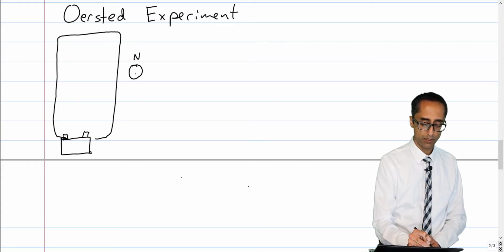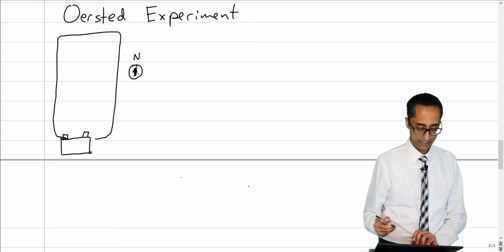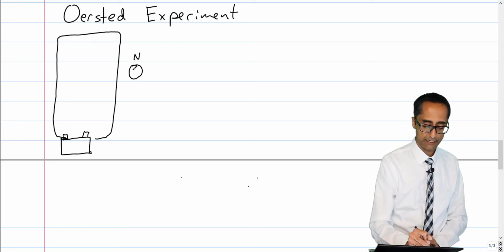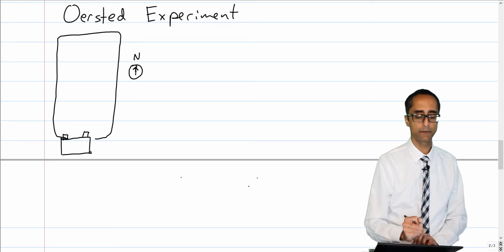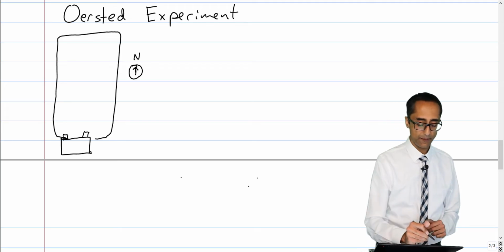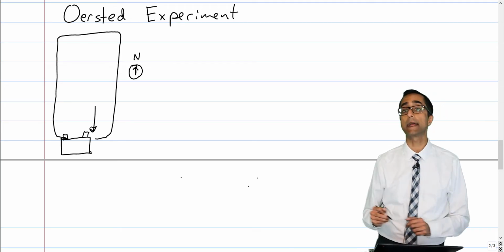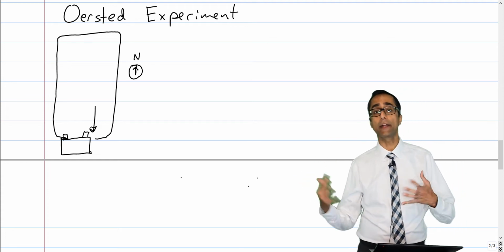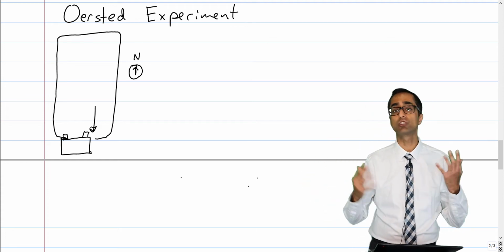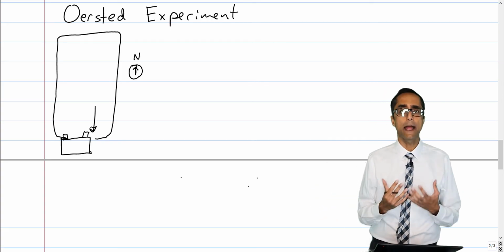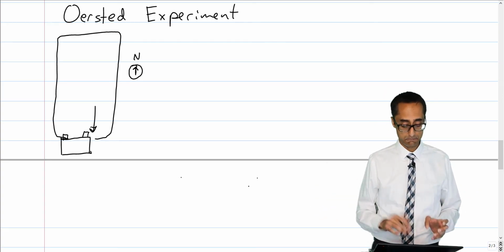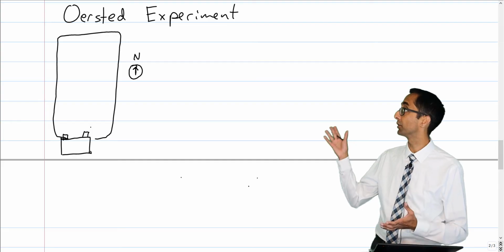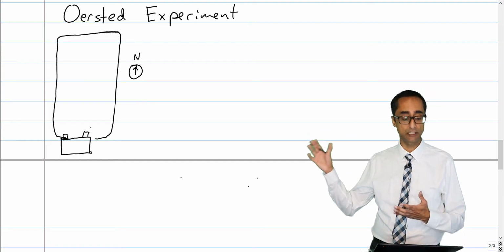And that compass was, of course, pointing towards north. It was calibrated correctly, and it was following the magnetic field created by the Earth. Now you'll notice one thing is that this is not connected. And so right now what you have is a wire that has electrons within it, but those electrons are not flowing. And when they're not flowing, well, the magnetic field of the Earth is the dominant force here.